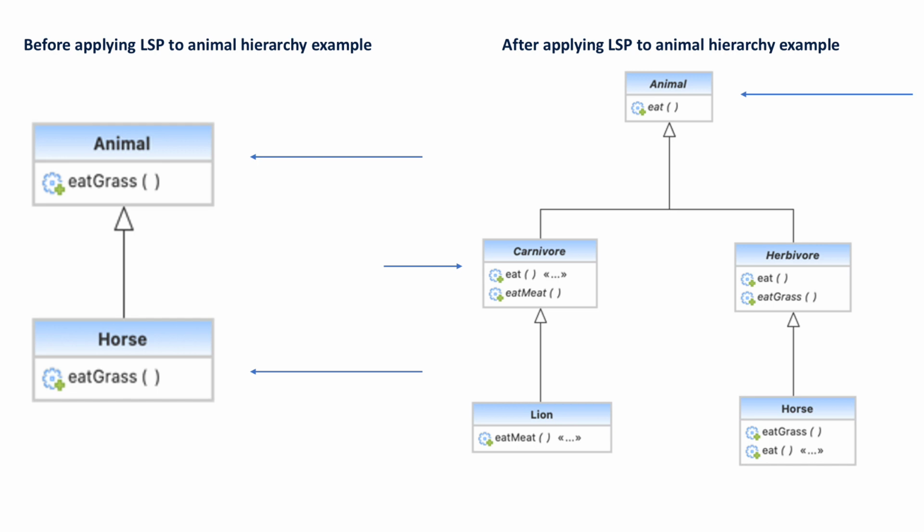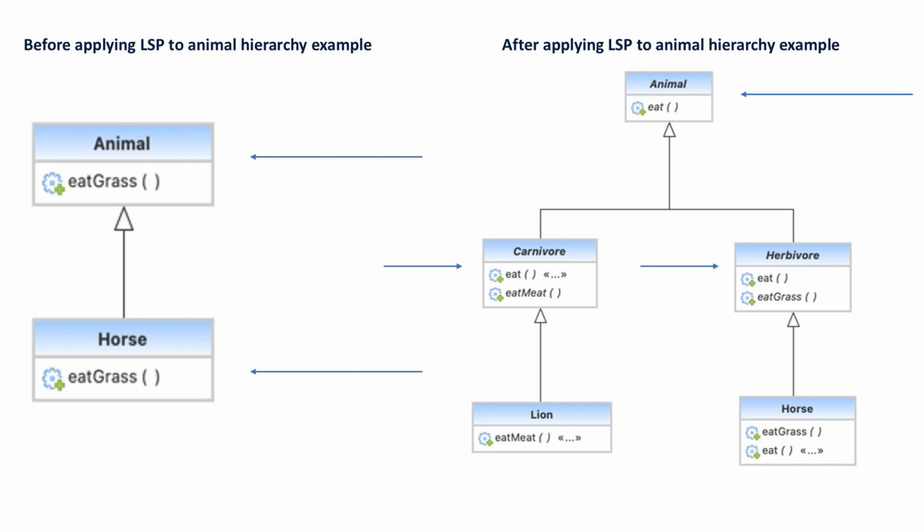Carnivorous will have eat and eat meat, and the Herbivore class has eat and eat grass methods. Both are abstract classes extended by the Lion and Horse classes. Lion, since it is a carnivore, will implement the eat meat method, and Horse, which eats grass, will override the eat grass and eat methods of Herbivore.